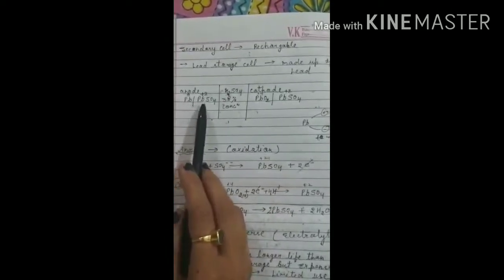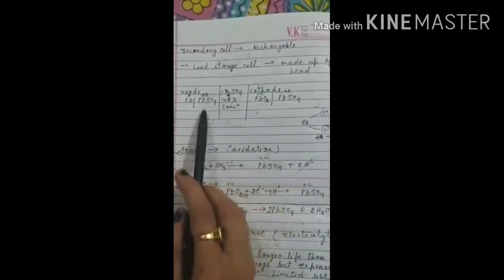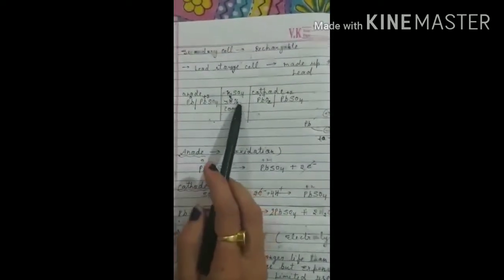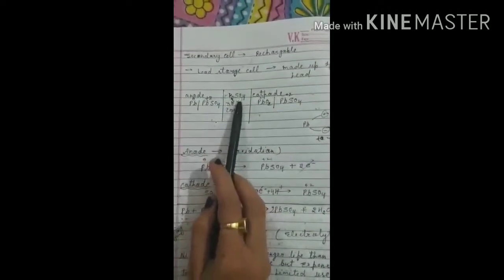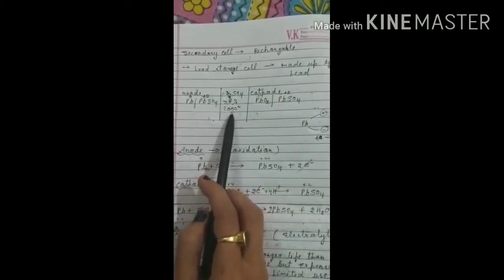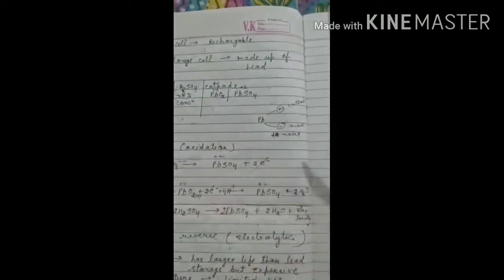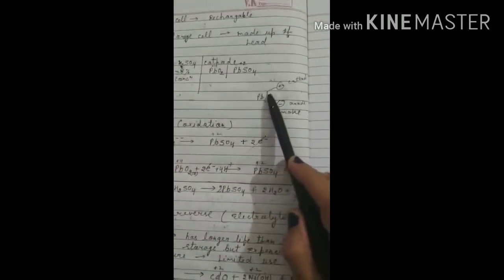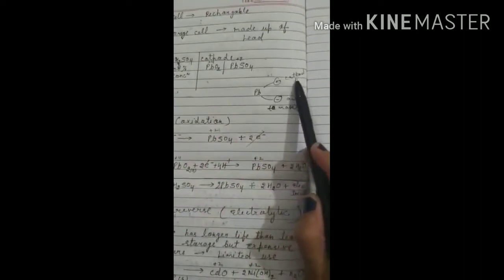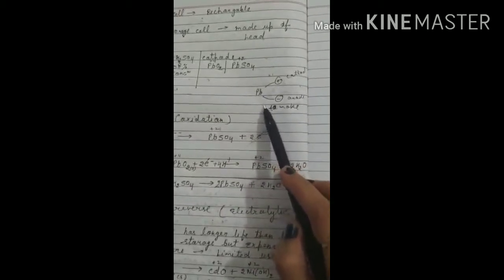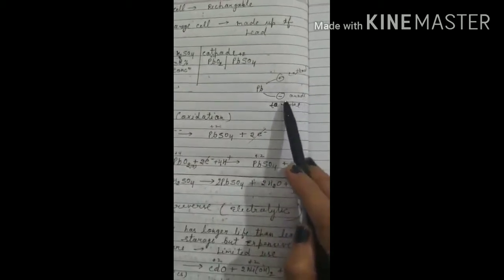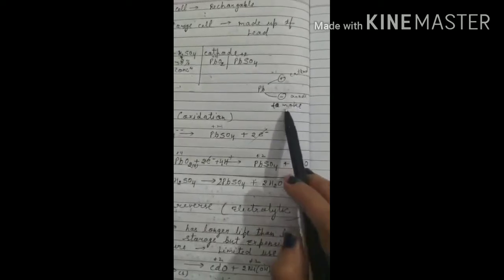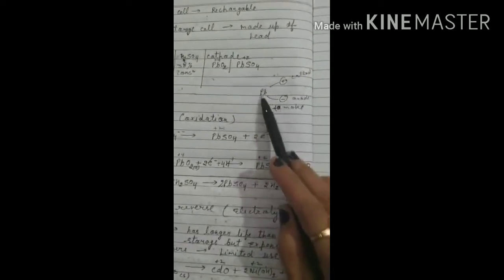Finally both convert into lead sulfate, and both terminals are separated by concentrated H2SO4, which acts as an electrolyte. So how to create a terminal? When the lead is connected with the positive terminal, it acts as cathode, and when the lead plate is connected with the negative terminal, it acts as anode.